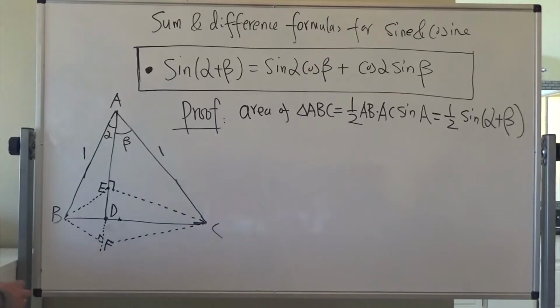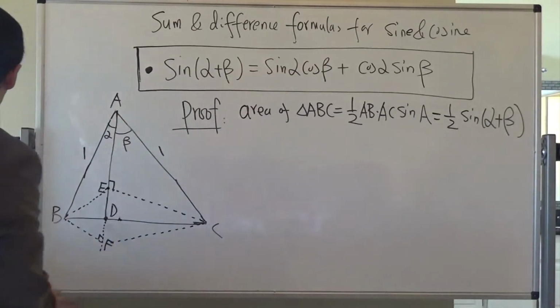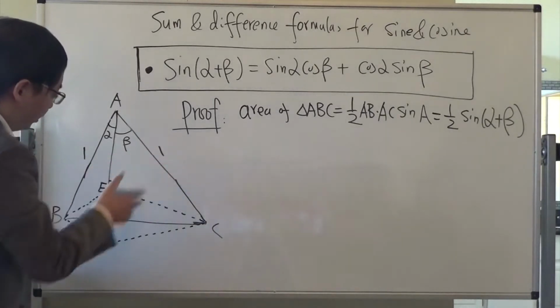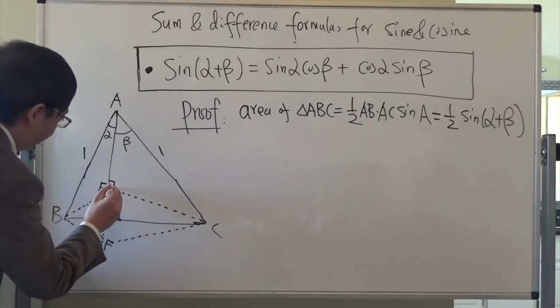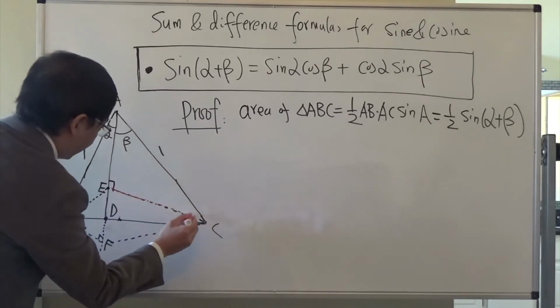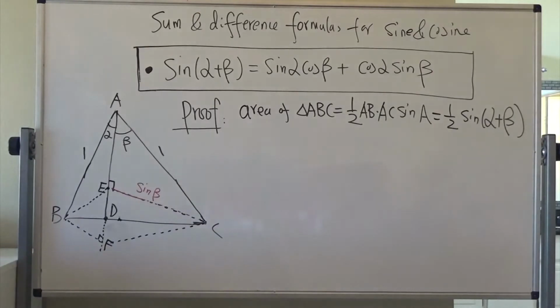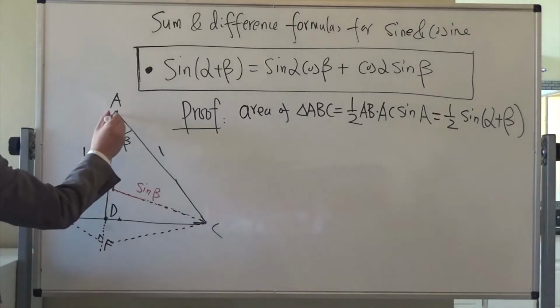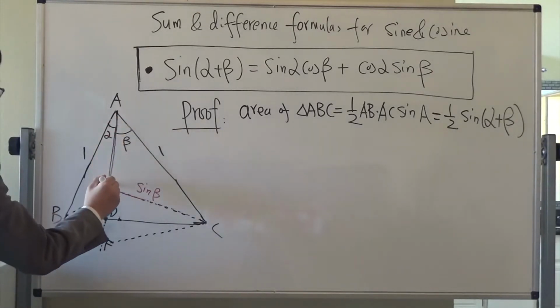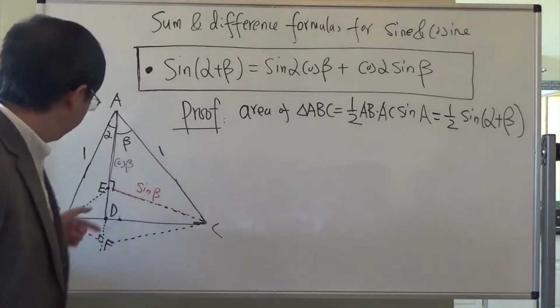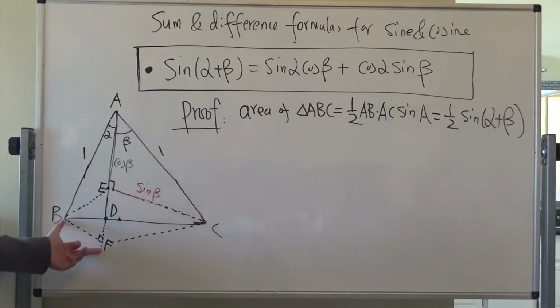Now let's see whether we are able to find these quantities here. First of all, because this is beta, and here's 1, by the definition of sine, we immediately get CE. This one is sine beta. And then A to E is cosine beta, right? And then this is alpha, and this is 1, so BF is sine alpha.